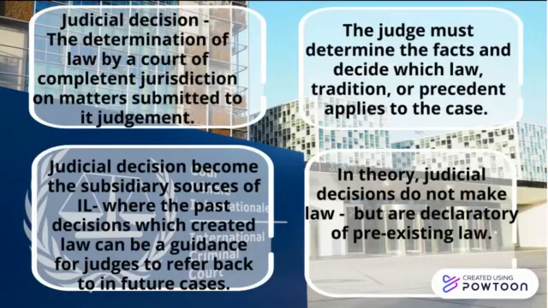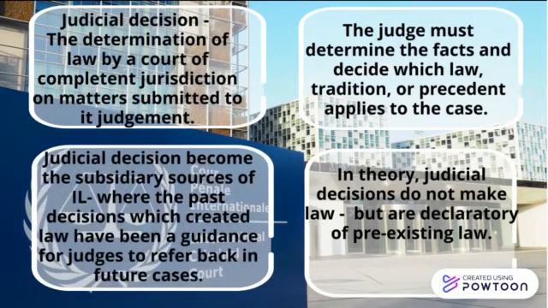The judge must determine the facts and decide which law, tradition, or precedent applies to the case. Judicial decisions become subsidiary sources of international law, where past decisions which created the law have been a guidance for judges to refer back to in future cases.